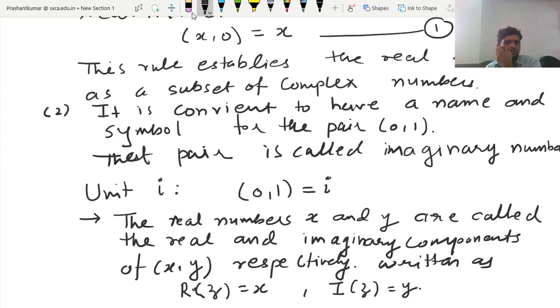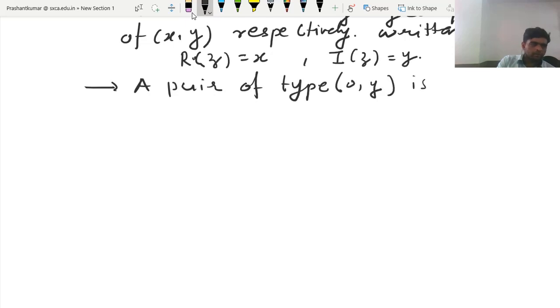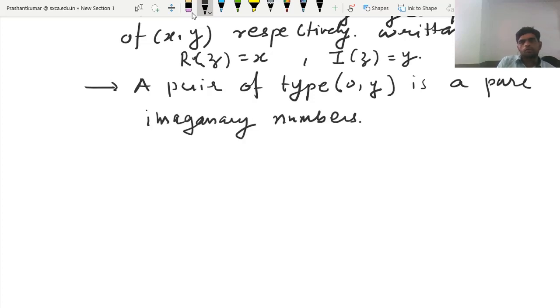So these are the notations that we are using. That means the ordered pair (x, 0) is real, and a pair of the type (0, y) is purely imaginary. So it is a purely imaginary number.